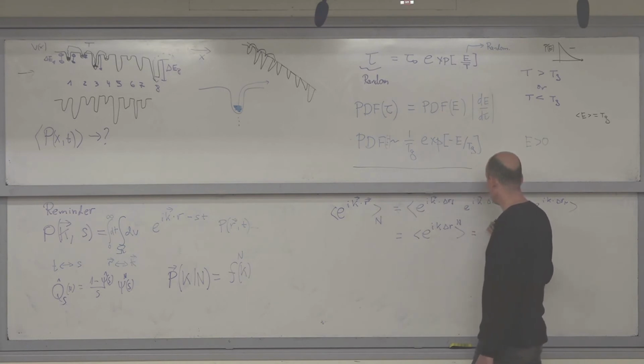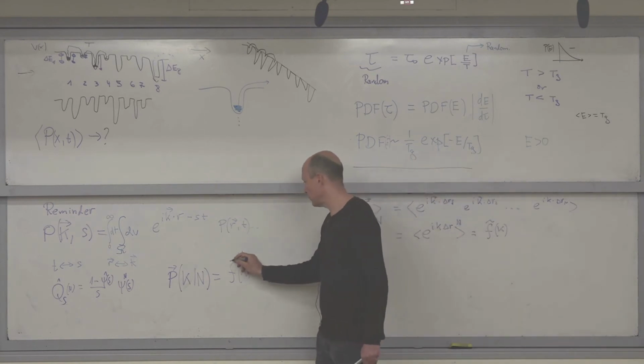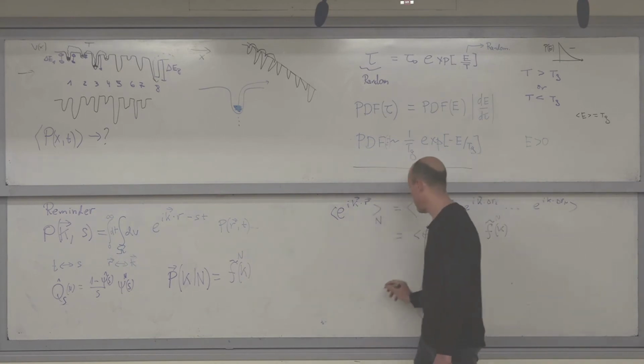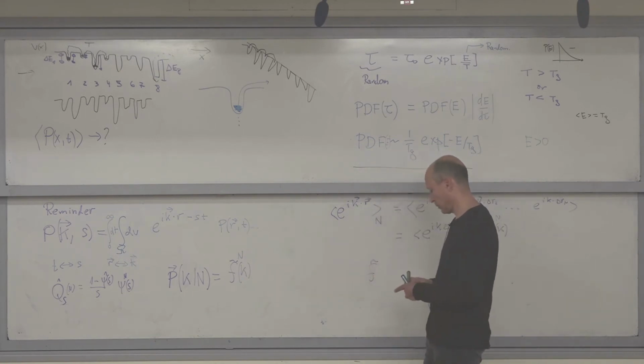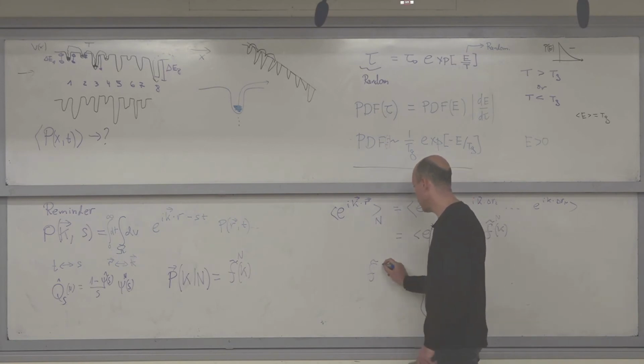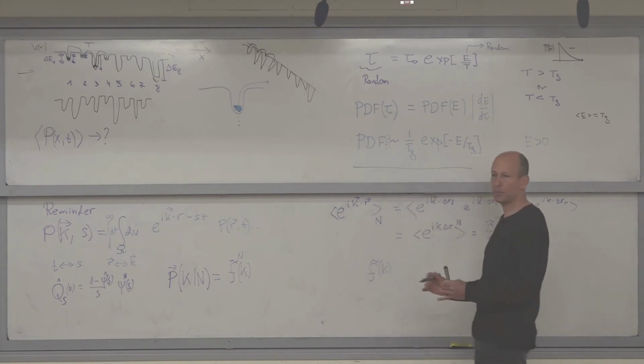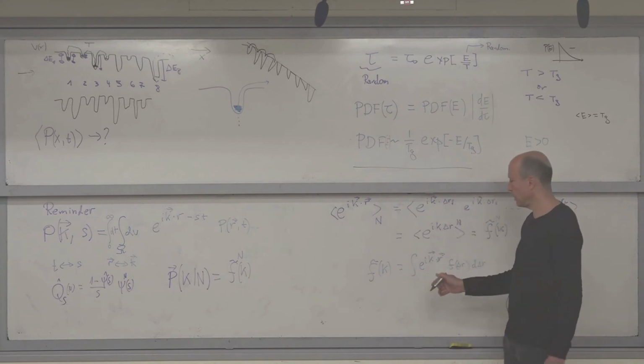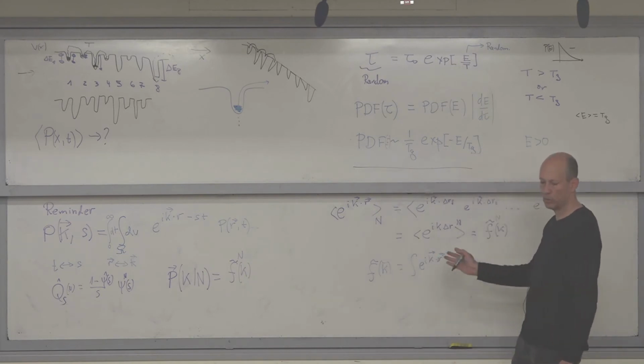And this is what I called f of k. If you want a tilde here, I'm not against that. To the power n. So what is f of k? f of k is simply the Fourier transform of the microscopic jump. You have this microscopic jump, and then you take the Fourier transform, the integral of e^{ik·Δr} f of Δr, d Δr. It's a volume integral. If k is a vector in one dimension, it's a simple one-dimensional integral.